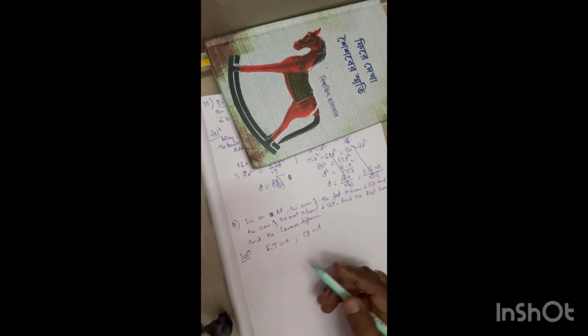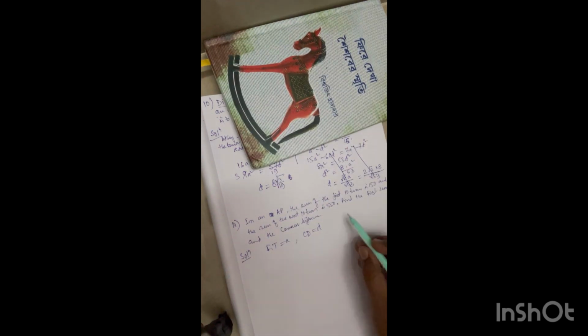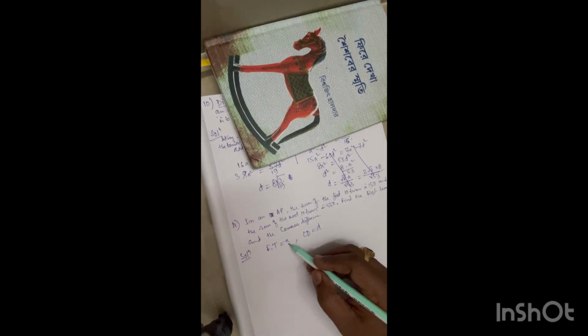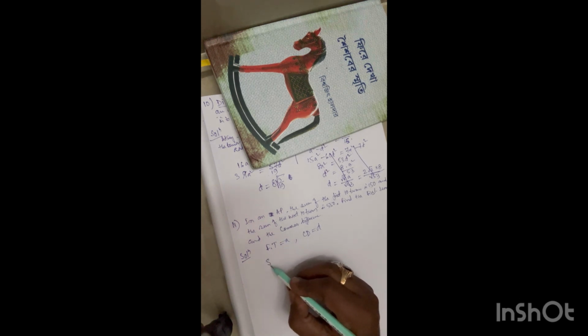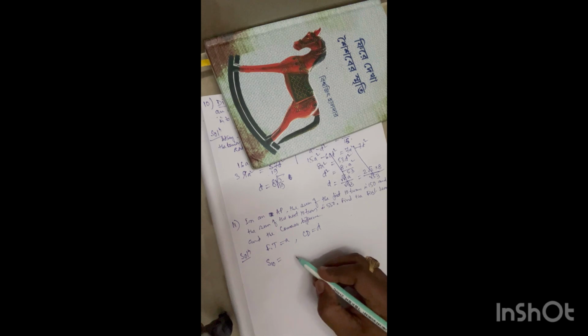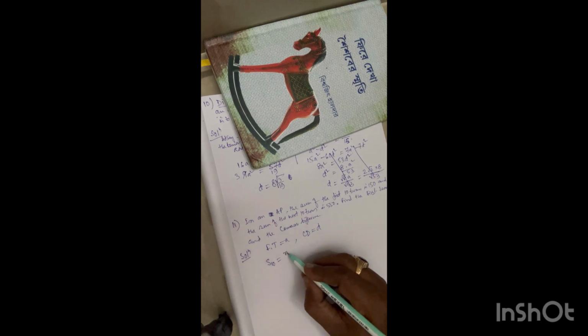With this, the sum of the first 10 terms, starting from A, will use the formula for the sum, which you know: n by 2 into 2A plus n minus 1 into D. This is the formula for getting the sum of any number of terms.